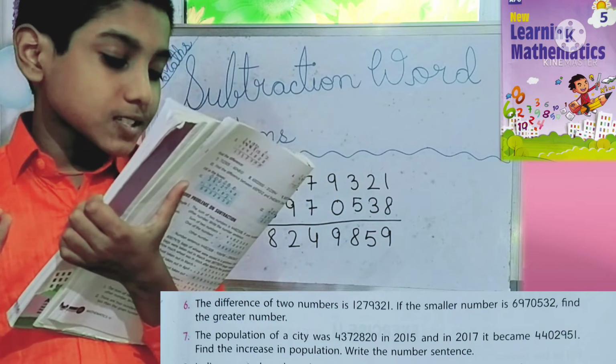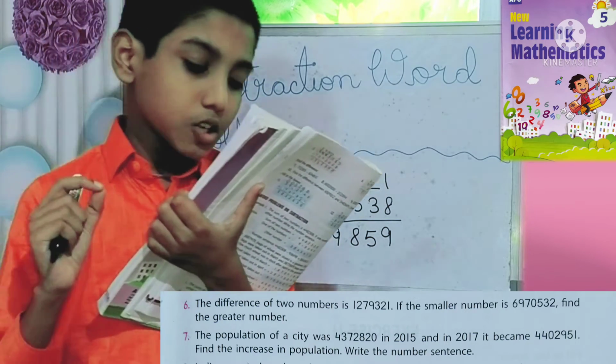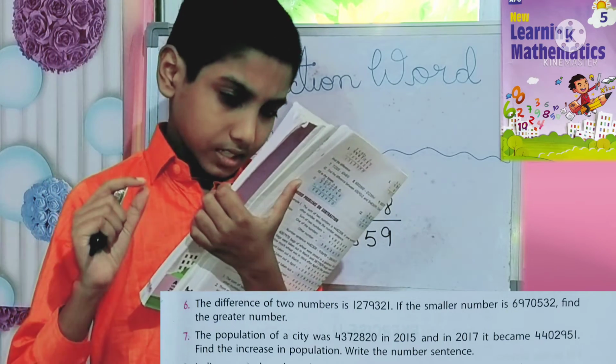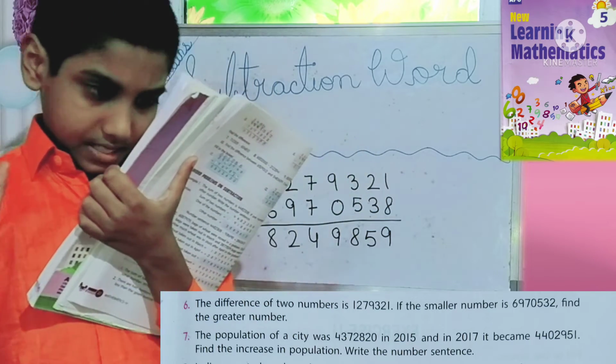The population of a city was 4372820 in 2015 and in 2017 it became 4402951. Find the increase in population, write the number sentence.